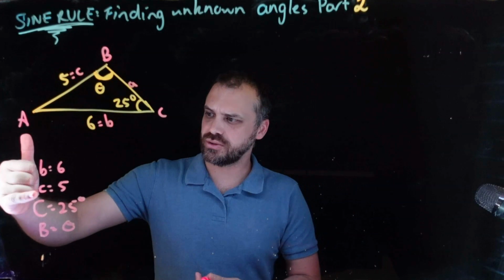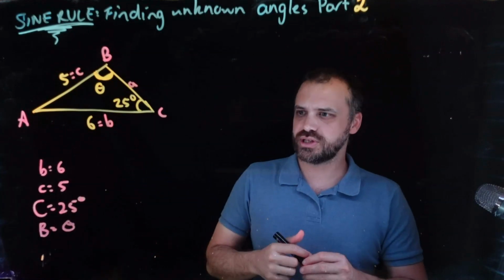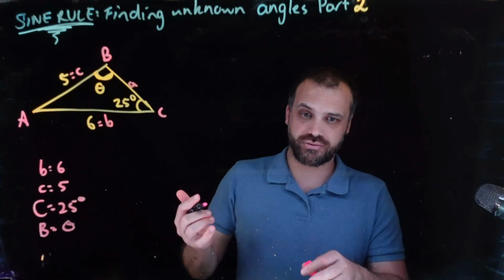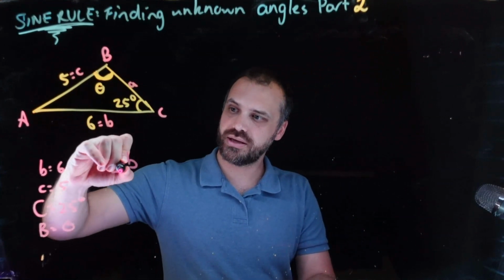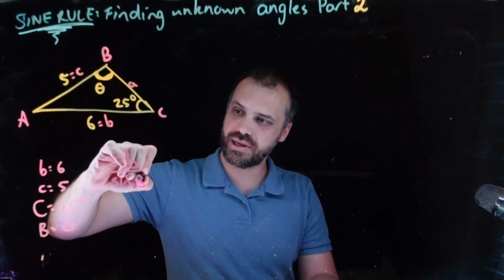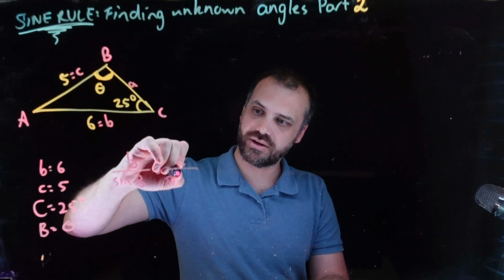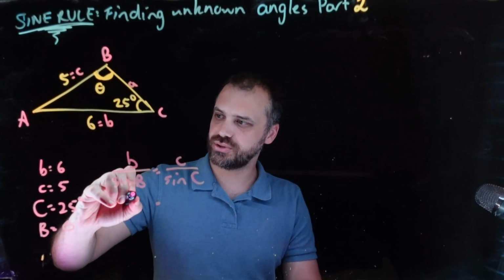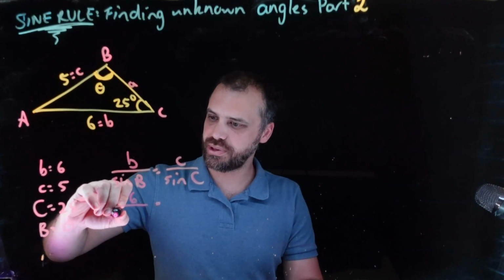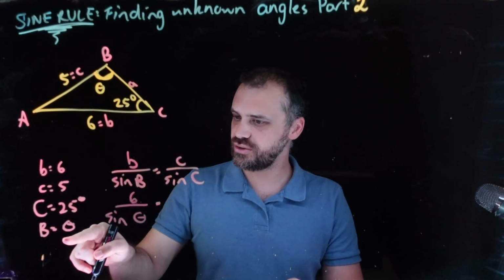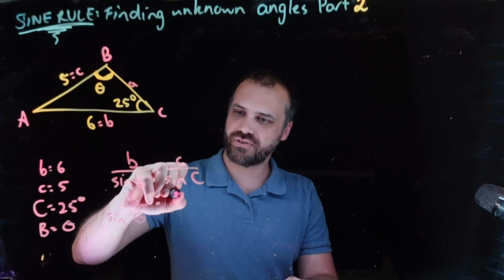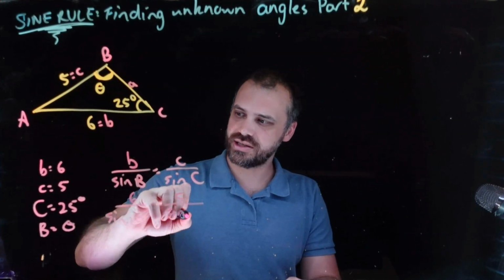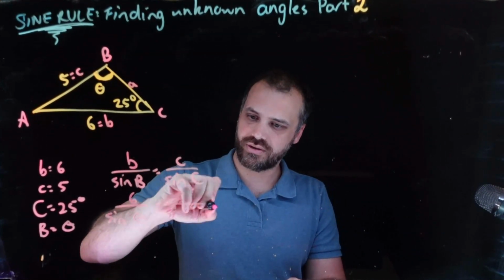We've got B's, we've got C's, so we should use that form of the sine rule. So we should say b over sine B equals c over sine C. b is equal to 6. Sine B is the thing I don't know. c is equal to 5 and sine C is sine 25.